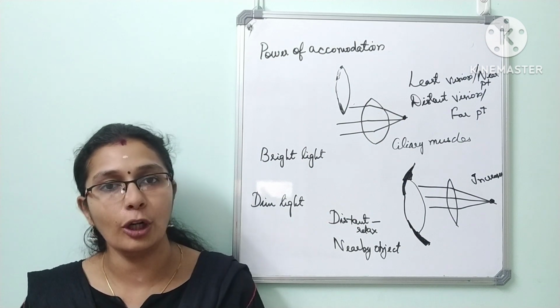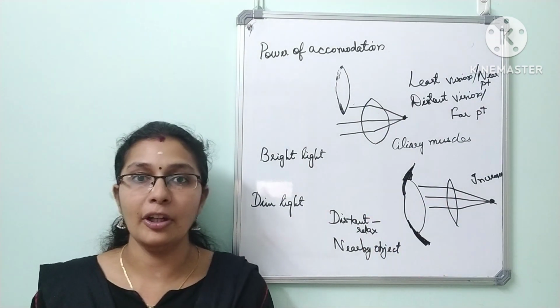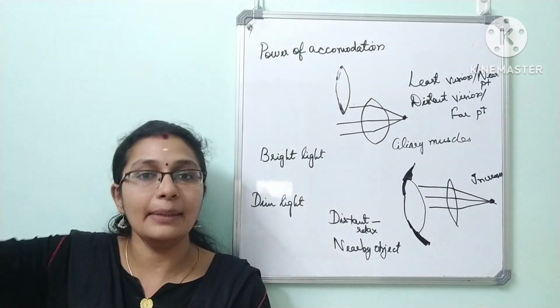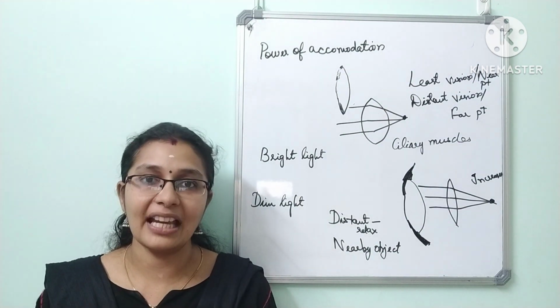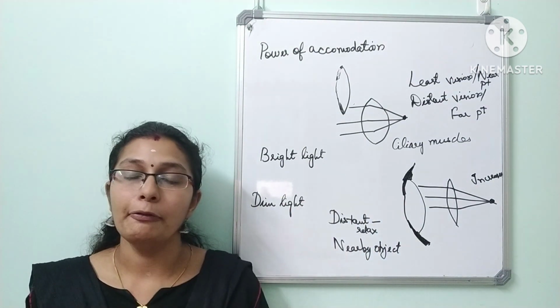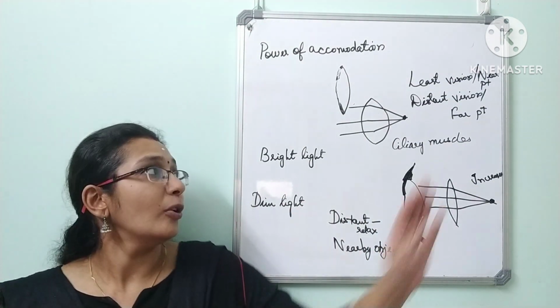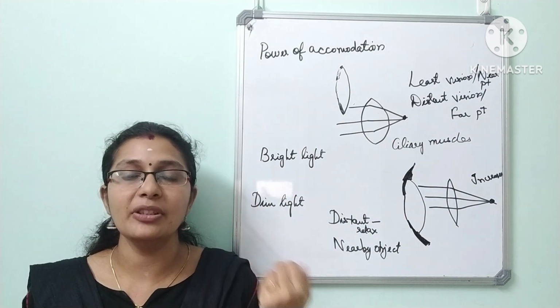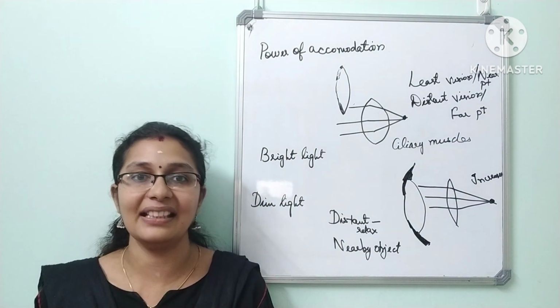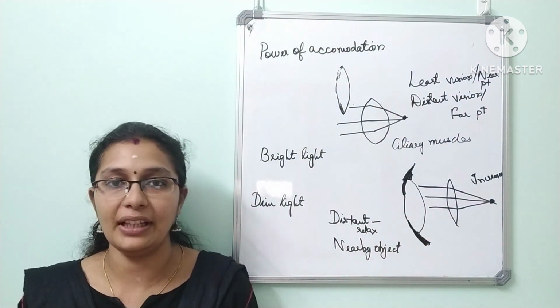That is nothing but called the near point. So what is far point? The far point is nothing but the maximum distance where an object can be seen clearly by our eye lens. Clear? So the minimum distance and maximum distance to which our eyes can see objects clearly and distinctly are called the near point and far point.